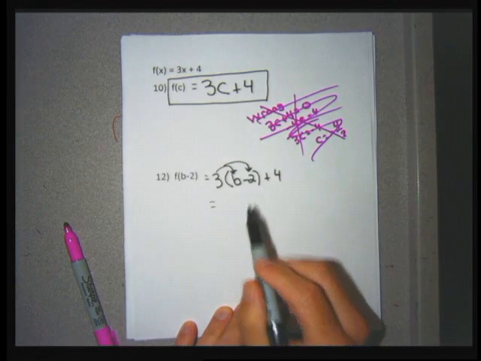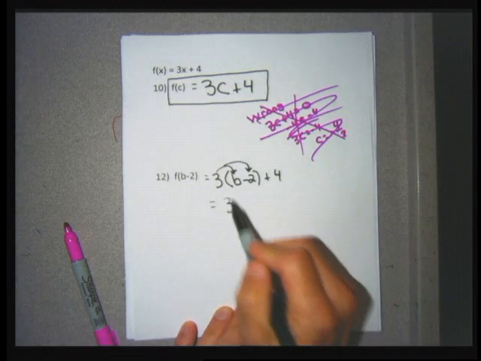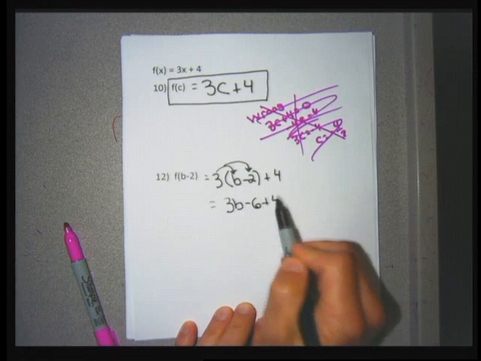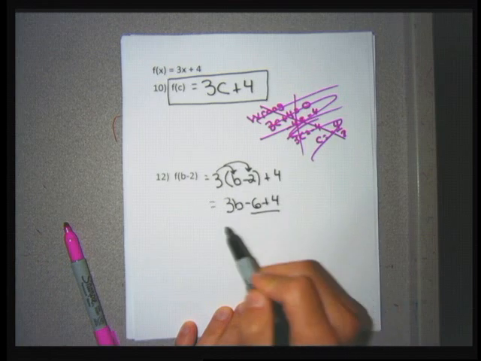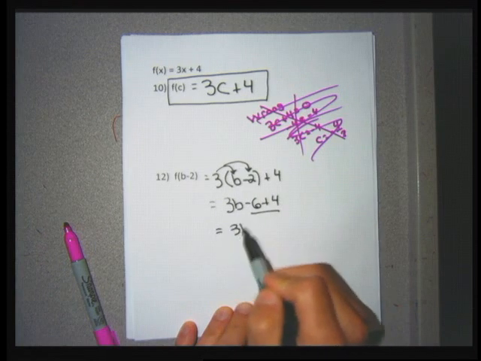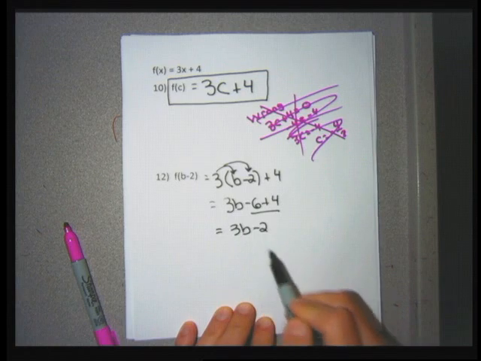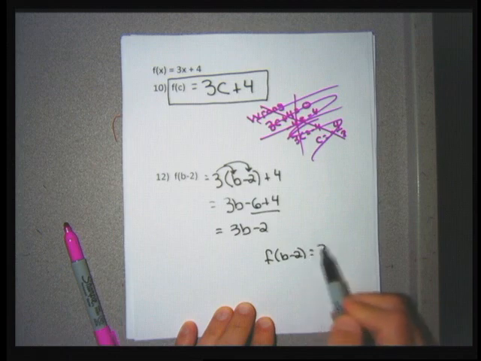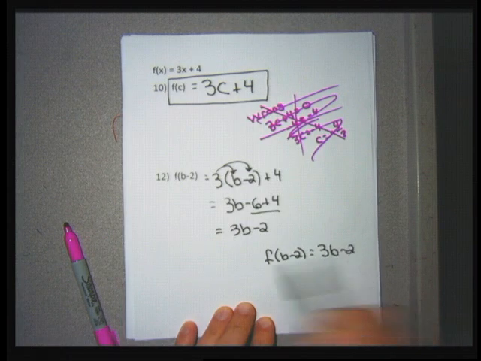What I'm going to do is simplify by multiplying the 3 by b and getting 3b, and the 3 by -2 and getting -6. And then I'm going to combine the like terms of -6 and 4, and those combine to a -2. For my answer, I'm going to write f of b minus 2 equals 3b minus 2.